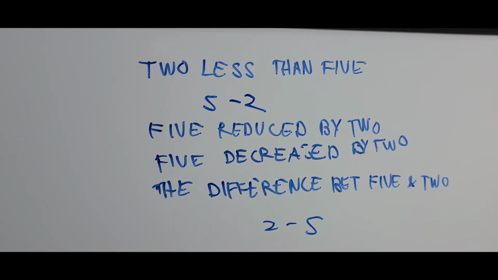There's no way you can do that. It's common sense that since we know 5 is bigger than 2, that should be 5 minus 2. It's like the difference between 7 and 8. You cannot write that down as 7 minus 8, right? It should be 8 minus 7.